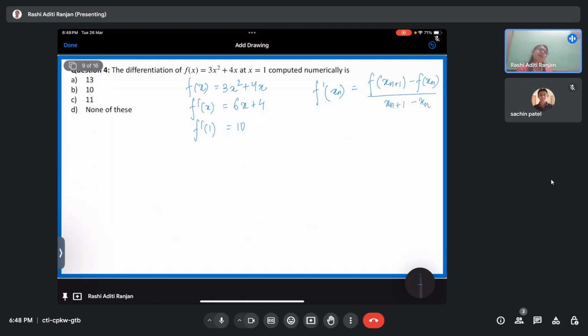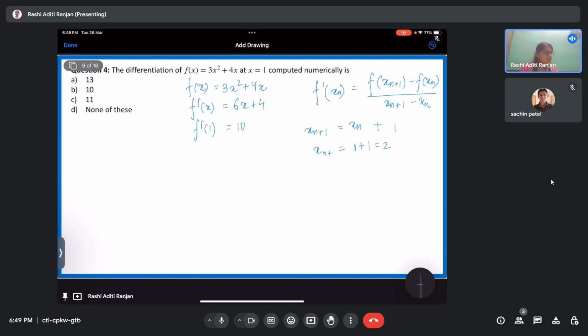So for now I assume that xn plus 1 is equal to xn plus 1, which means my xn plus 1 is equal to 1 plus 1, 2. Now let us see what answer I am getting.